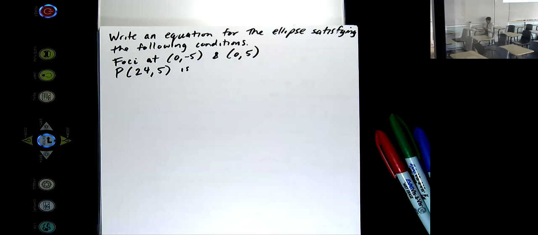That's not going to look very good. Let's see. Let me pick a different P. I don't like the way that P is looking.